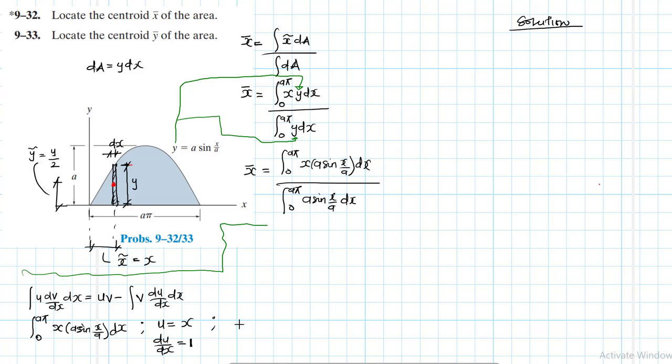Then dv over dx is equal to a sine x over a, and therefore our v, if we integrate this, gives us minus a squared cos x over a.